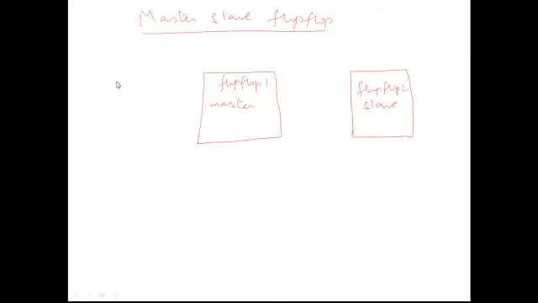The actual input we give will be given only to the master. Say for example a D flip-flop. The output of the first flip-flop, call it Q1, will be the input of the second flip-flop, whose output is Q. And here you will be having a clock.